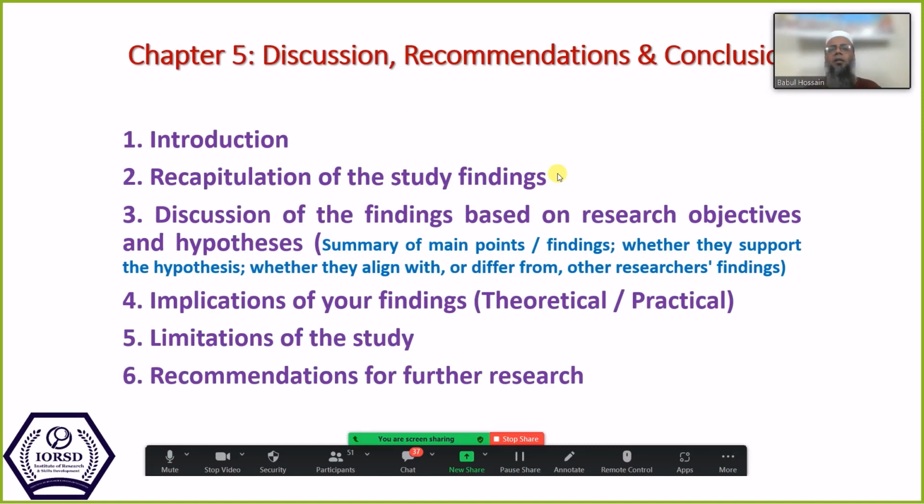In the discussion chapter, you should have the following components: introduction, recapitulation of the study findings, discussion of the findings based on research objectives and hypotheses, summary of the main findings, whether they support the hypothesis, whether they align with or differ from other researchers' findings, implications of your findings, theoretical and practical, limitations of the study, and recommendations for further research.